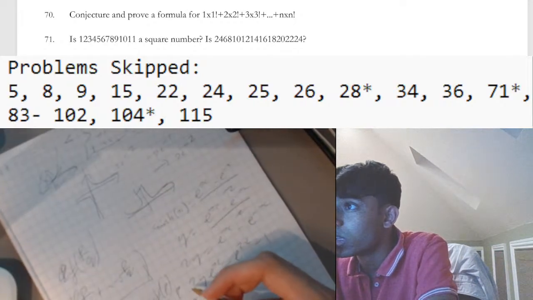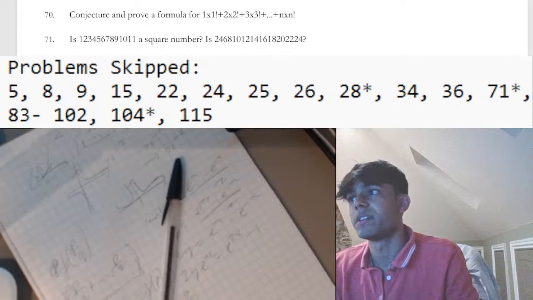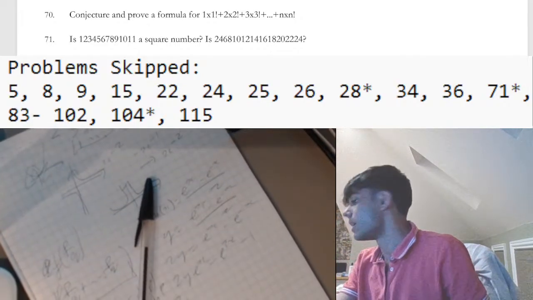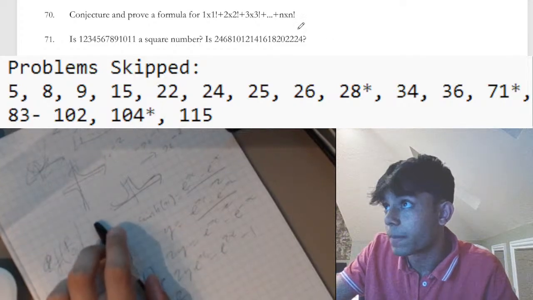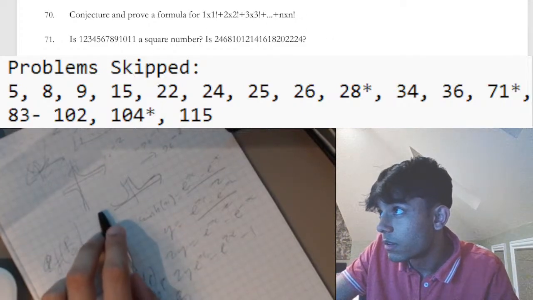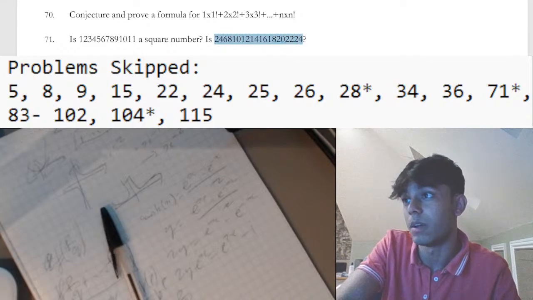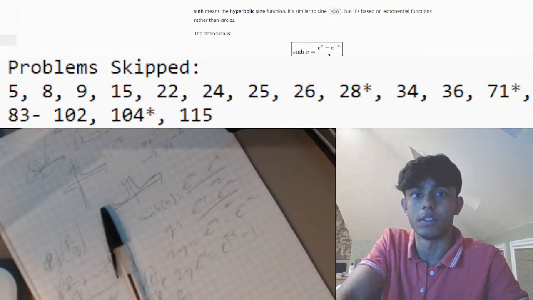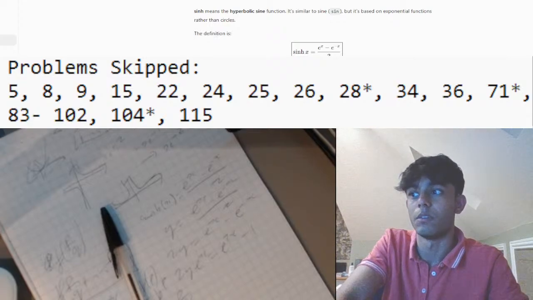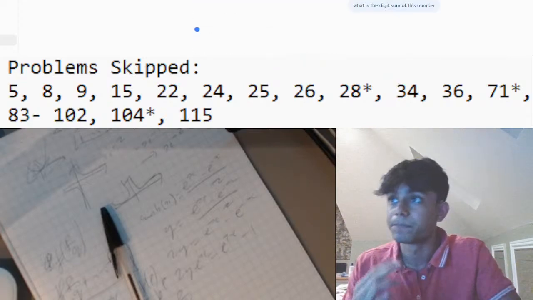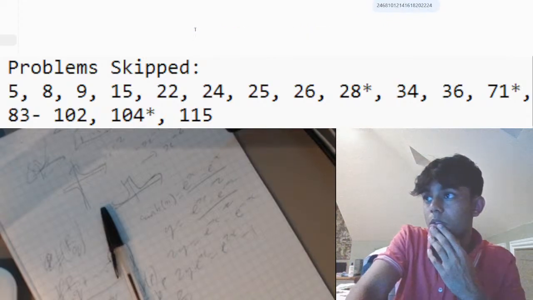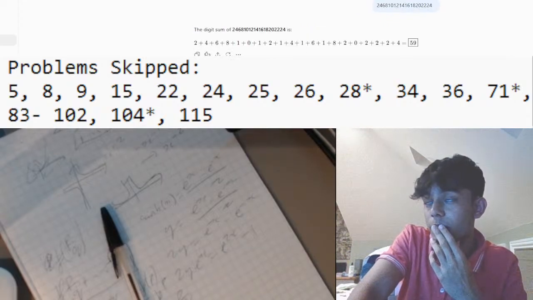Oh, okay. I think for this number, let's find the digit sum. Oh man. I'm just going to ask what's the digit sum of this number. I'm not adding that up by hand. What is the digit sum of this number? Oh, I need to send the number. It is 59.